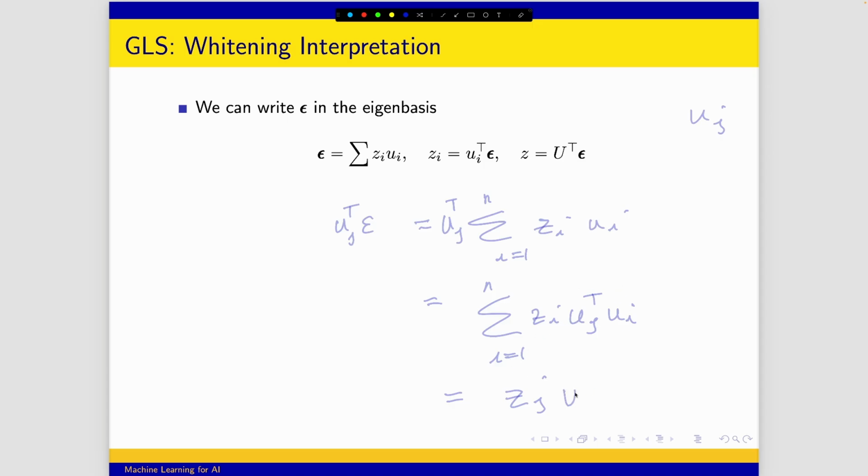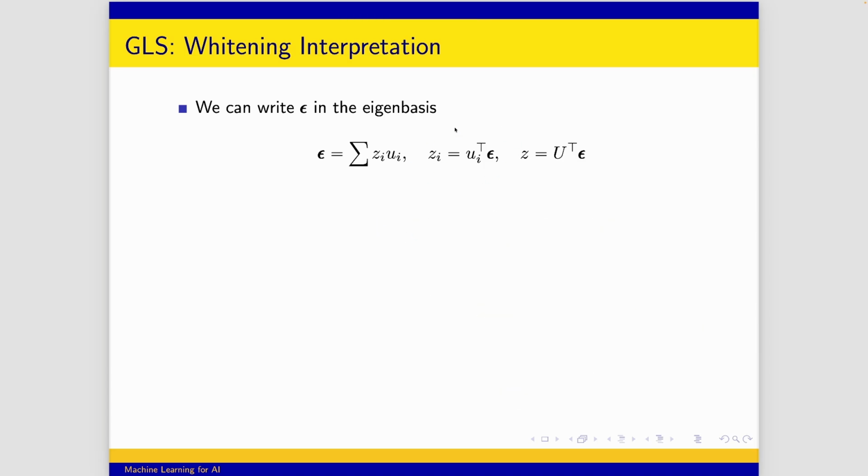And when i equals j, we'll get u_j transpose u_j. But these are orthonormal. They have unit length. So this, which is the squared 2-norm of u_j, is equal to 1. So we get z_j. So z_j is u_j transpose epsilon, which is the formula I have here.